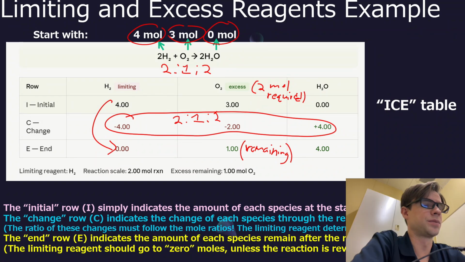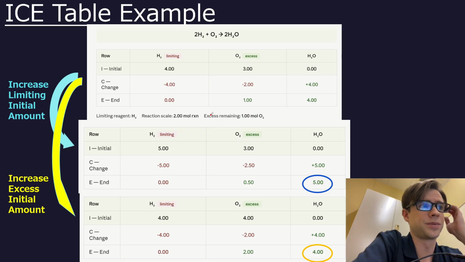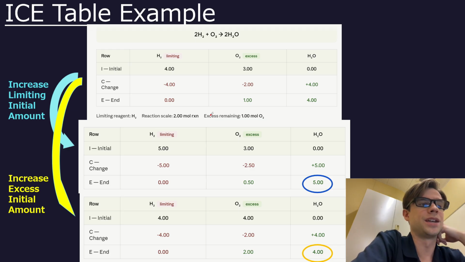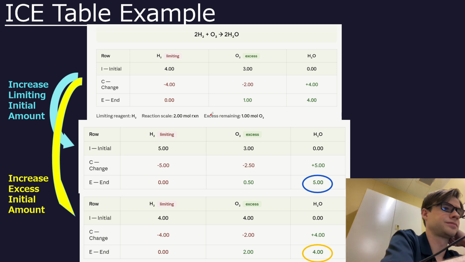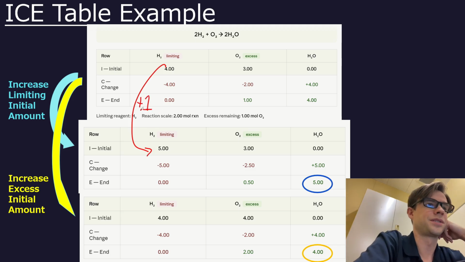Okay, so here are some other examples to show you. At the top here is the exact same situation that we saw. But in the second table, I'm increasing the initial amount of H2 by 1 mole, from 4 to 5, plus 1. If we do that, what happens? The amount of products also increases by 1.